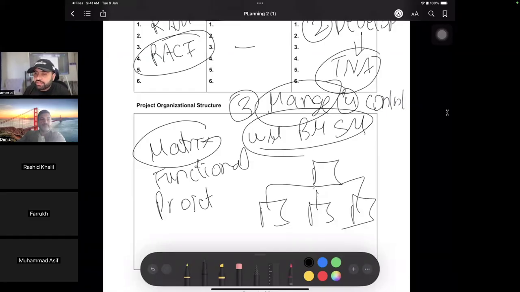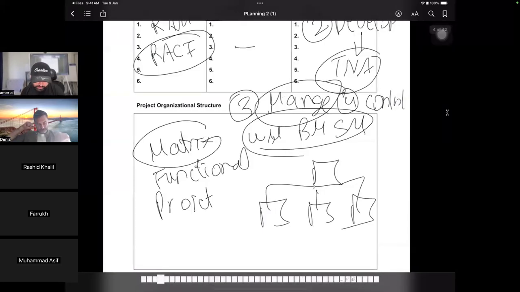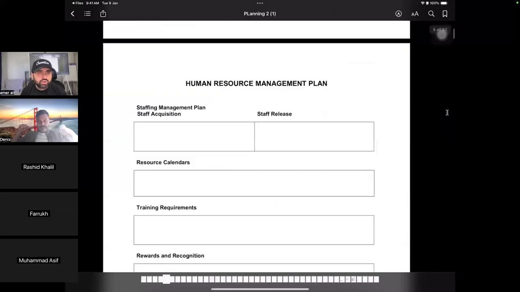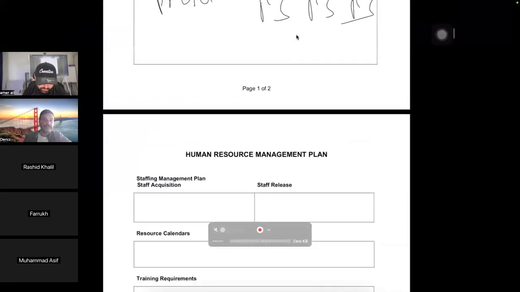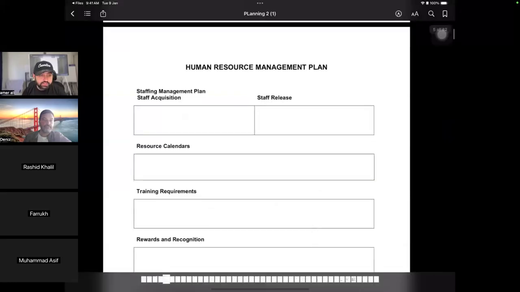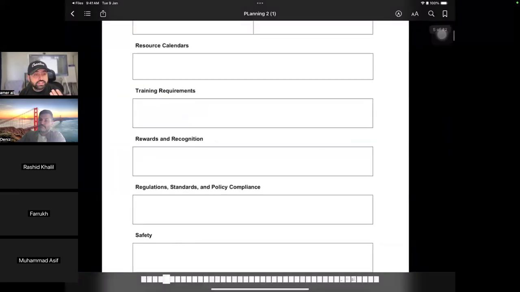So RAM is updated if resources change? Yes, of course, RAM is updated throughout the project. And RAM is one of the documents that does not need a change request. Okay. How you are going to acquire the resources. Your resource calendar is a part of it: when the resources will be coming, when the resources will be leaving, what are the training requirements?